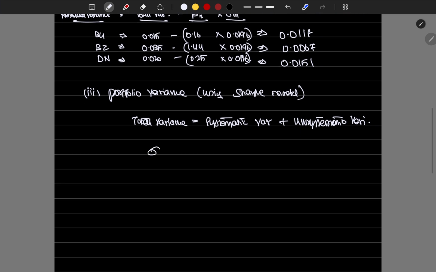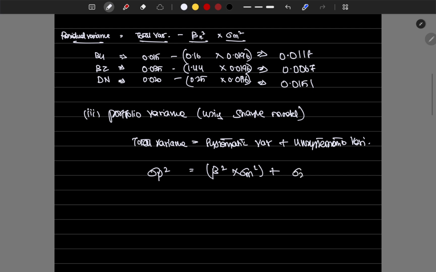What's the systematic variance? Beta square into sigma market square, plus the unsystematic part, which we already found.